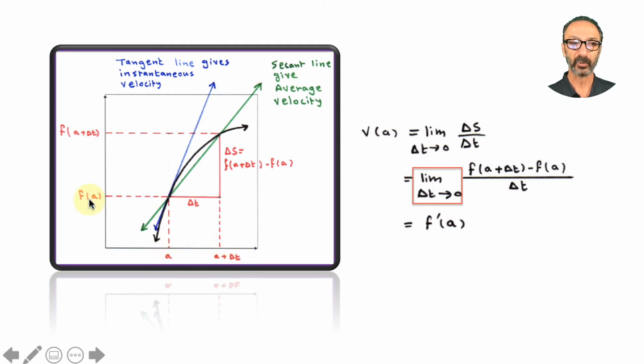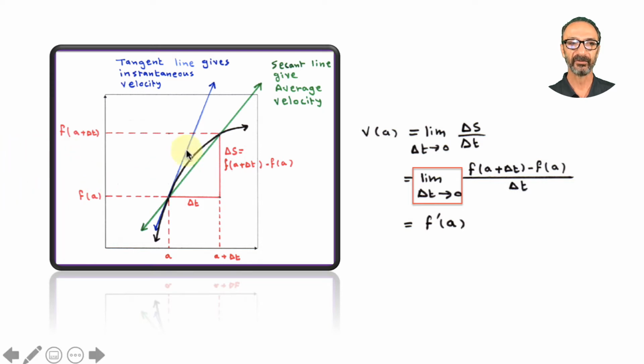This has an output called f of a. This has an output called f of a plus delta t. The difference right here is called displacement, which is delta s equals f of a plus delta t minus f of a. This delta t is like delta x for us. Rise over run, that is the slope.